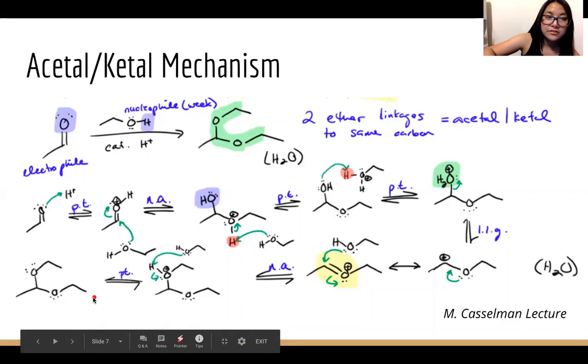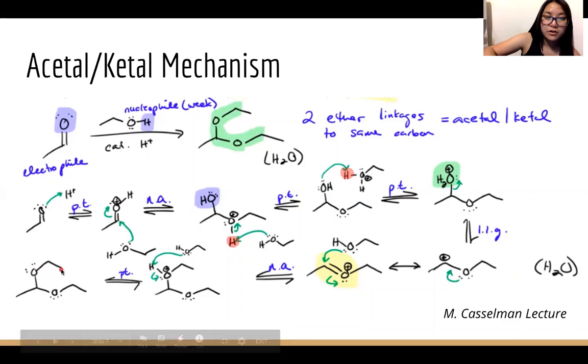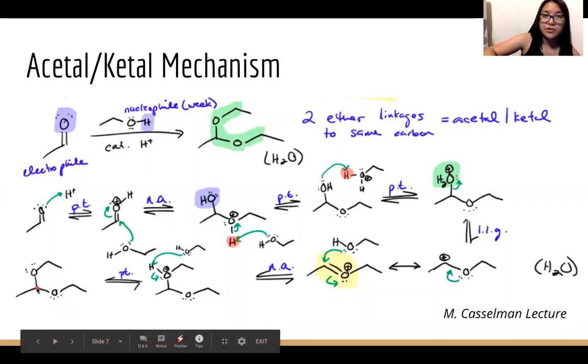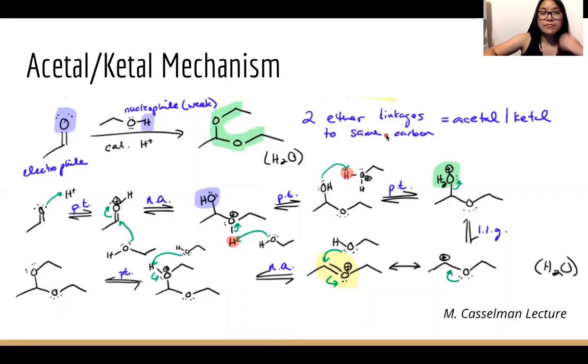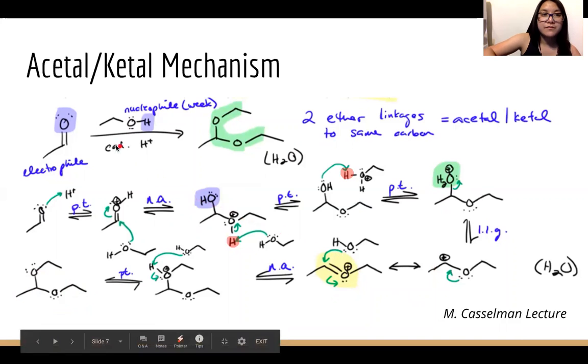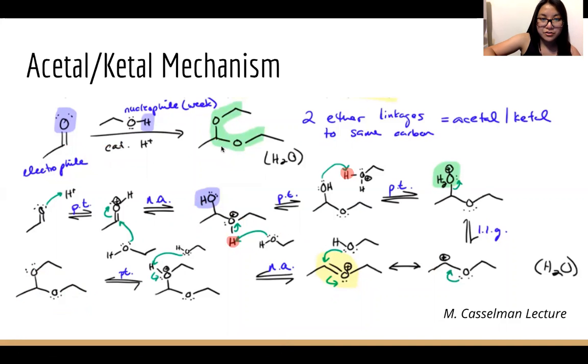So the acetal has two OR linkages to the same carbon, two ether linkages to the same carbon. Good, okay. And then remember, if we were to do this with a ketone, there would just be an extra carbon coming off right here, and that would result in a ketal.